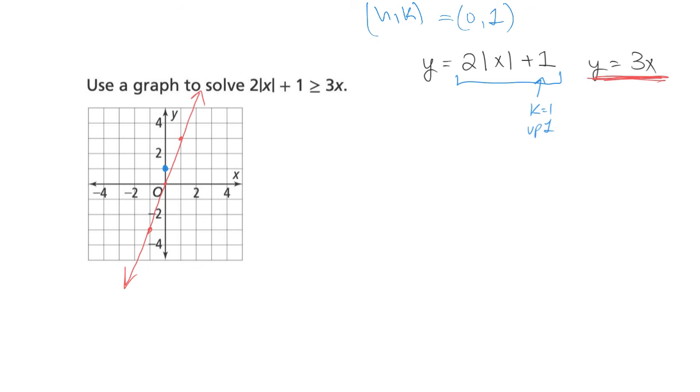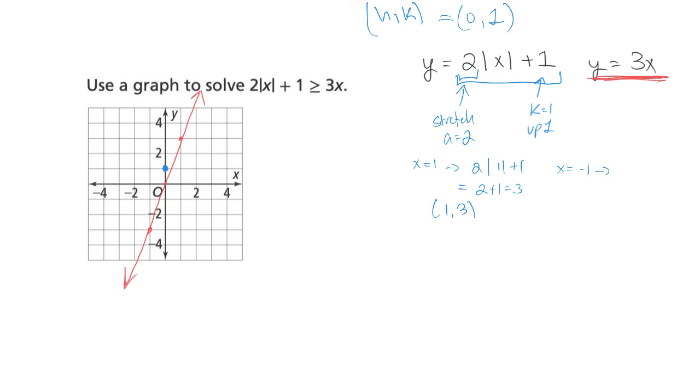Now we have a vertical stretch of a equals 2. So we can plug in numbers for x. Say x equals 1. We get 2 times the absolute value of 1, plus 1, equals 2 plus 1 equals 3. So we get 1, 3. Then say we plug in x equals -1.